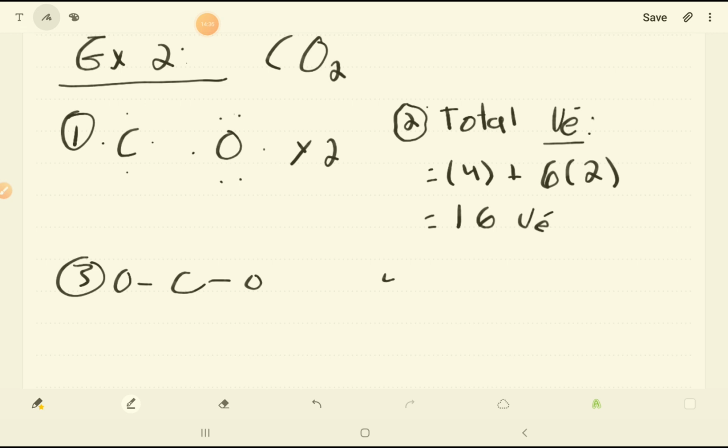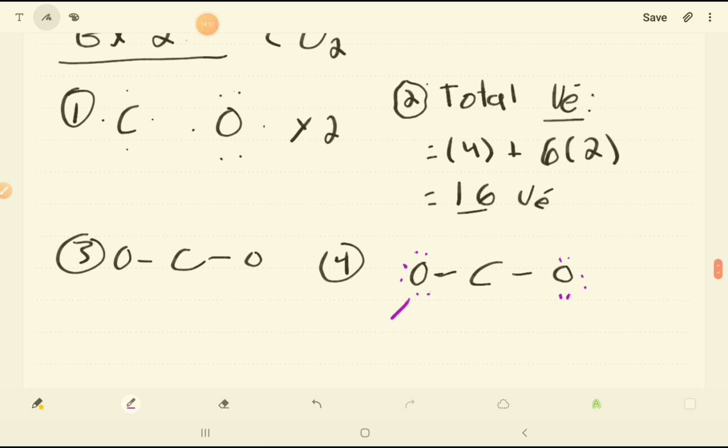And the fourth step that we're going to do here is distribute all 16 electrons and calculate the formal charges. Calculating the formal charges of each would make this 6 minus 6 minus 1, which gives us a formal charge of -1.